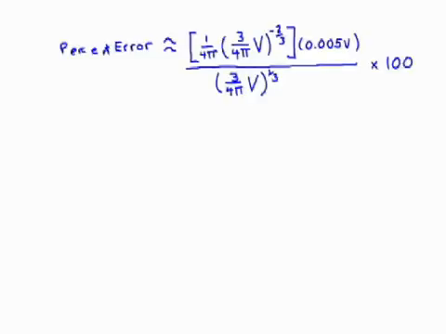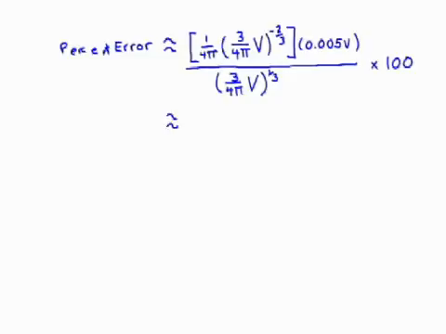You'll notice we have a 3 divided by 4 pi times V raised to the negative 2/3 in the numerator, and a 3 divided by 4 pi times V raised to the 1/3 in the denominator. Those two powers have the same base, so I should be able to complete the division by simply subtracting the exponents.